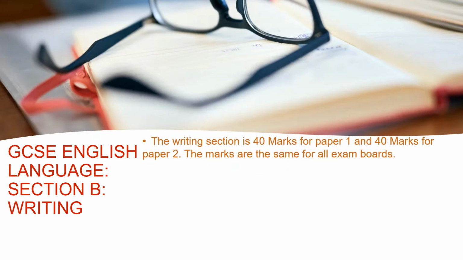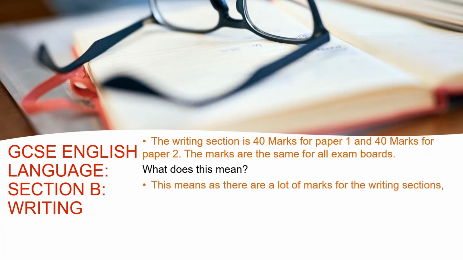So, the writing section of the GCSE English Language paper is 40 marks for paper 1 and 40 marks for paper 2. Whichever board, the marks are all the same. So what does this mean? It means there are a lot of marks for the writing sections.